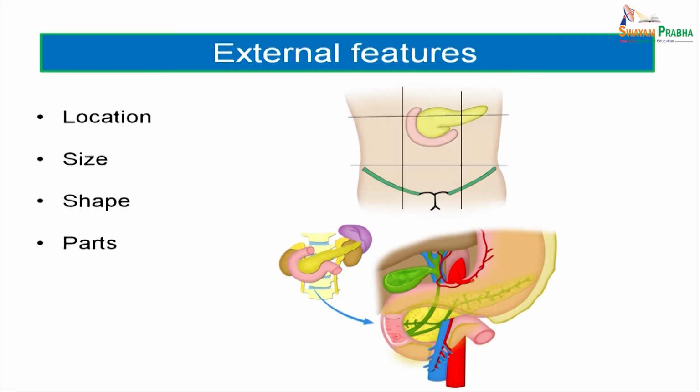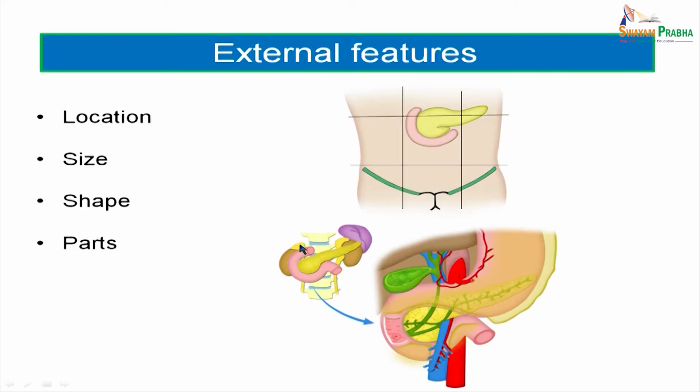The third part extends from the inferior duodenal flexure to the front of the aorta, and the last segment starts from the front of the aorta and ends at the duodenojejunal flexure. This duodenojejunal flexure is held in place by a ligament called the suspensory ligament of Treitz. So these are the different parts of the duodenum.